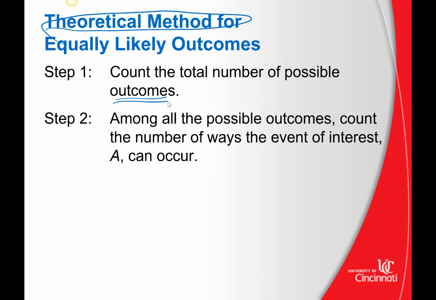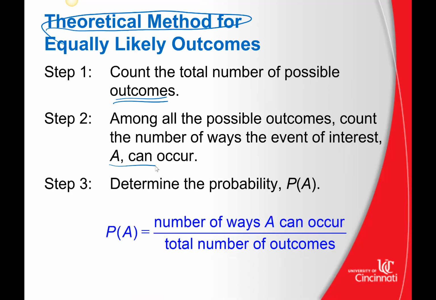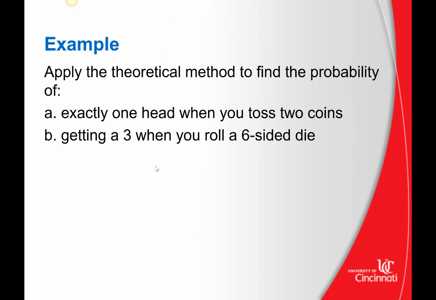Okay, then count up how many ways can you get the event you're interested in. And you take whatever it is you're interested in, over the total number of different outcomes. Wow, that's a surprise for you, isn't it? No new news there. You've been doing that since a long time ago. Okay? We've talked about these for theoretical outcomes.